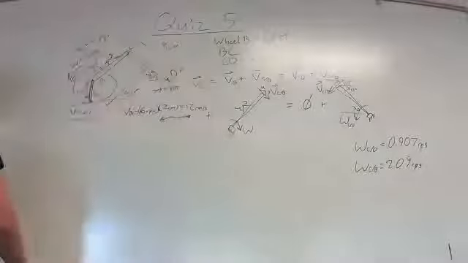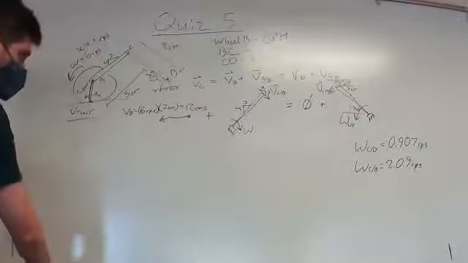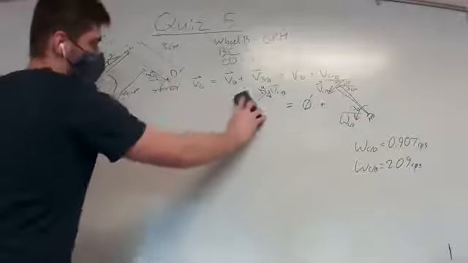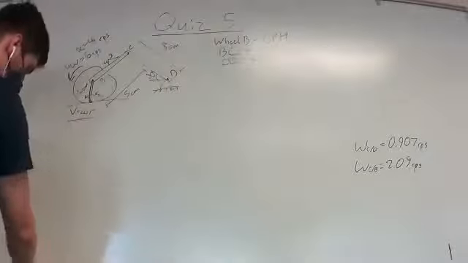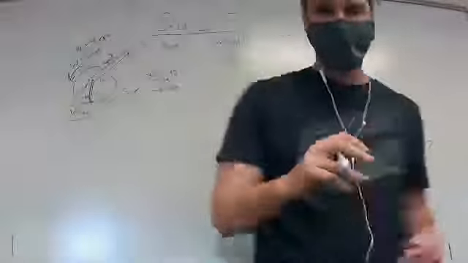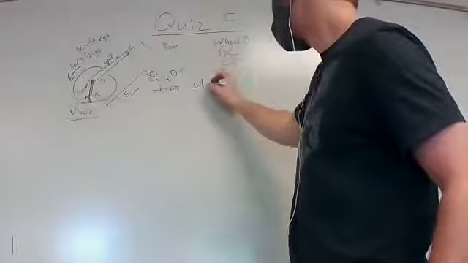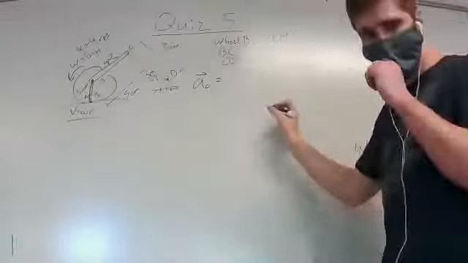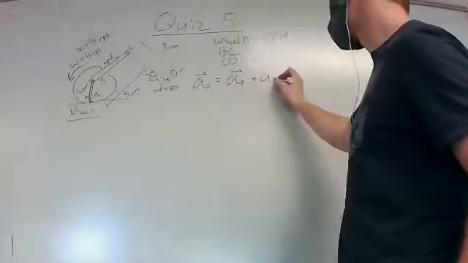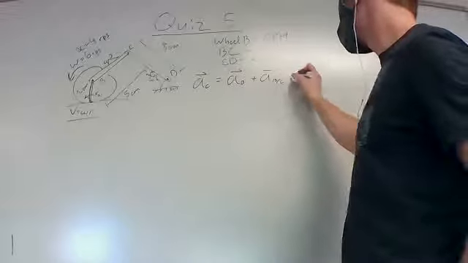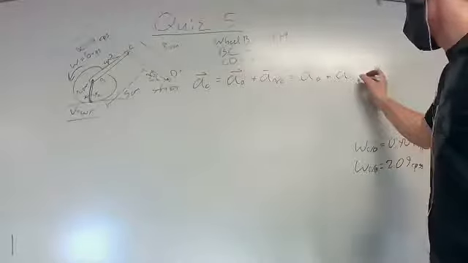We just set up to solve for our angular acceleration. So acceleration of C, excuse me, is equal to acceleration of B plus acceleration of B relative to C, which is equal to acceleration of C.